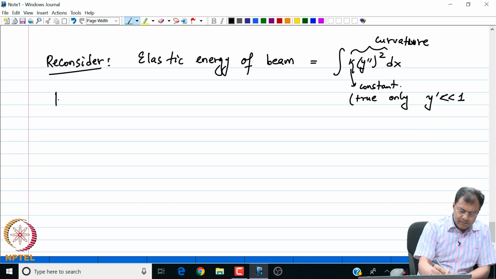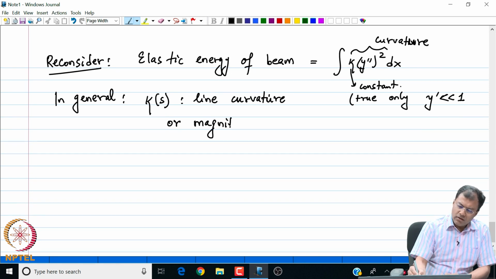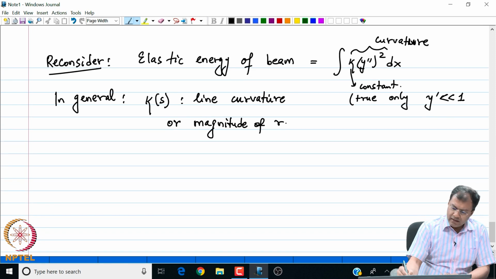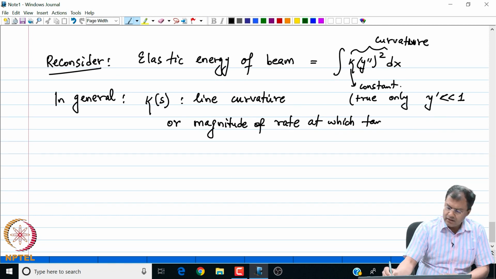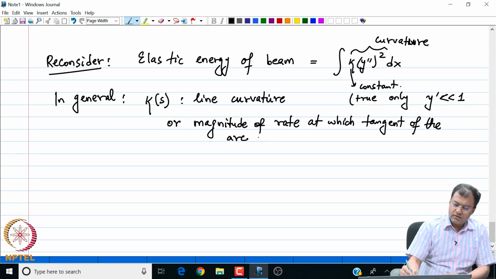So in general, I have kappa of S. Kappa of S is the line curvature or the curvature of the curve of our interest, and this is also equal to the magnitude of the rate at which the tangent of the arc length changes direction, right.